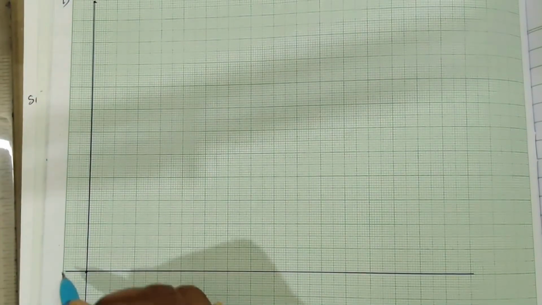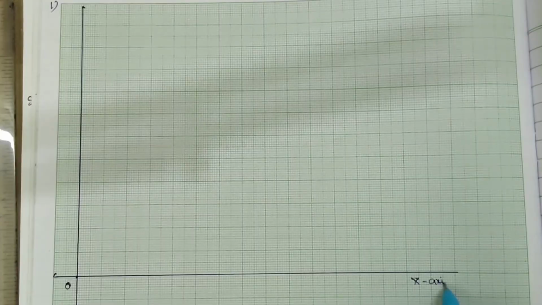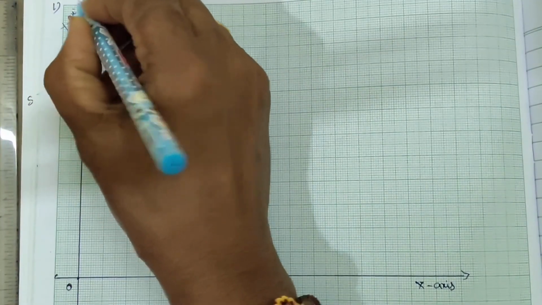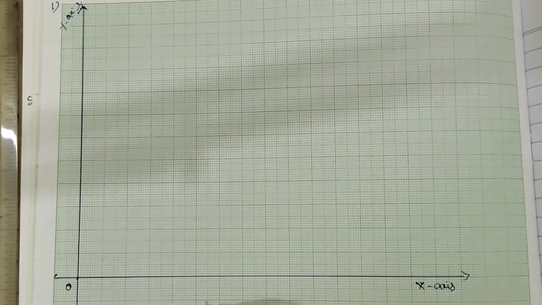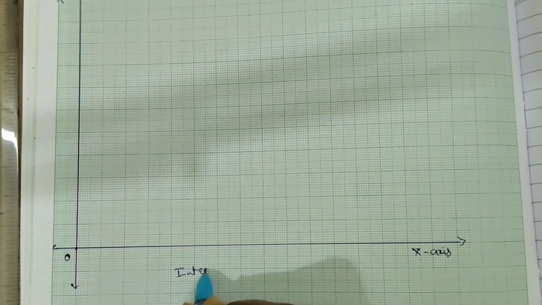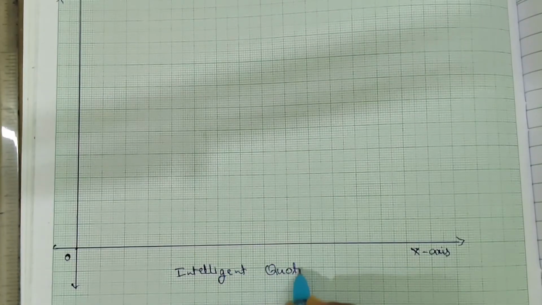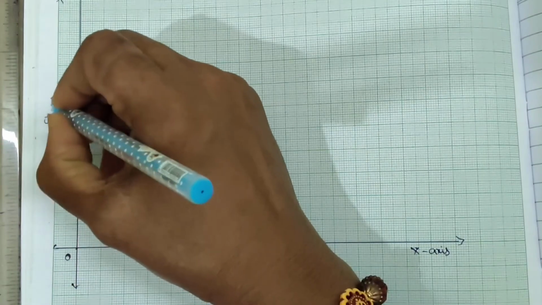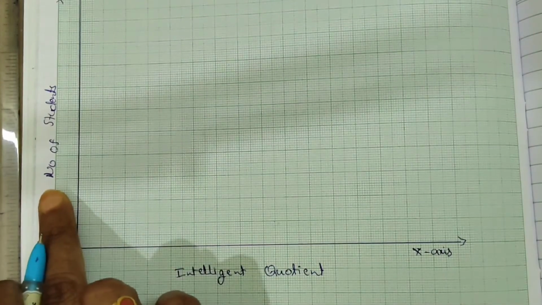The intersecting point of these two lines is the origin. On the x axis we take IQ, intelligence quotient. On the y axis we take number of students.